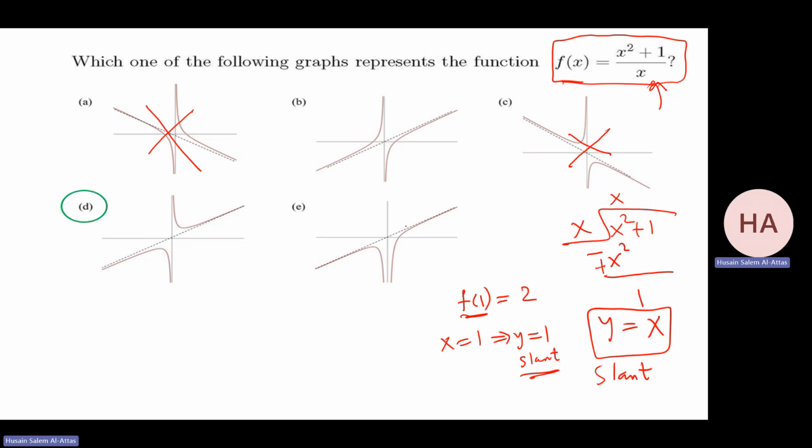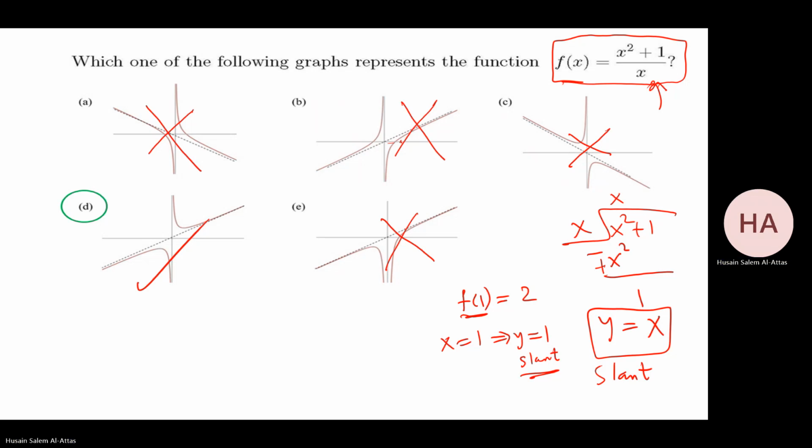Okay, look here, the slant asymptote is above the graph, so this is wrong. Here, the slant asymptote is above the graph, so this is wrong. At x equals 1, the value should be positive somewhere here. This is the only one remaining, so that is the only answer. Okay, you can do it by choosing other values.